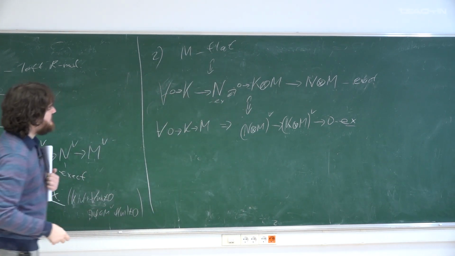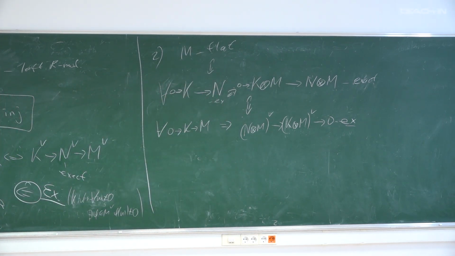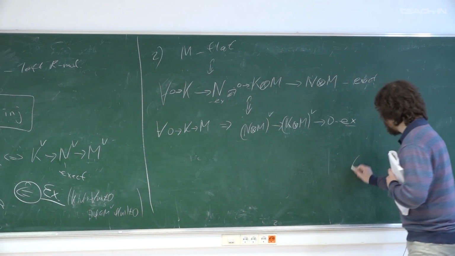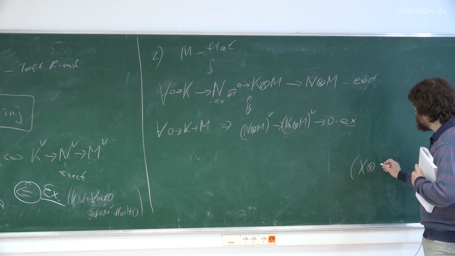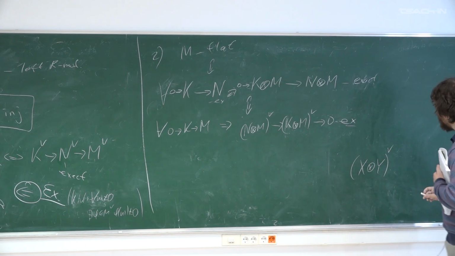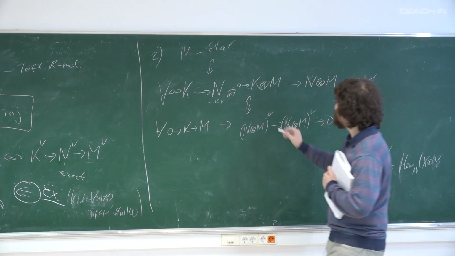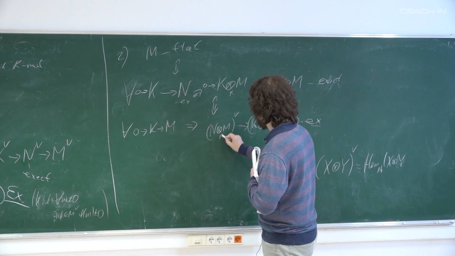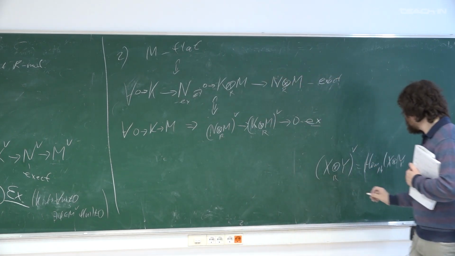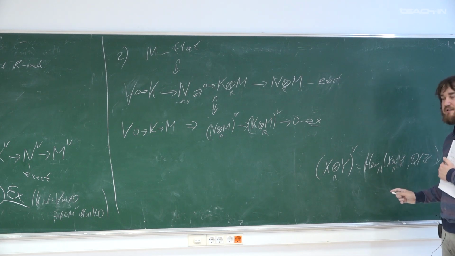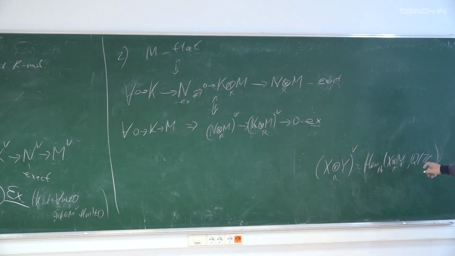But what is something tensor, something check? It's Hom of abelian groups from the tensor product over R to Q modulo Z. But we have adjunction, yes? We can move this to the right.